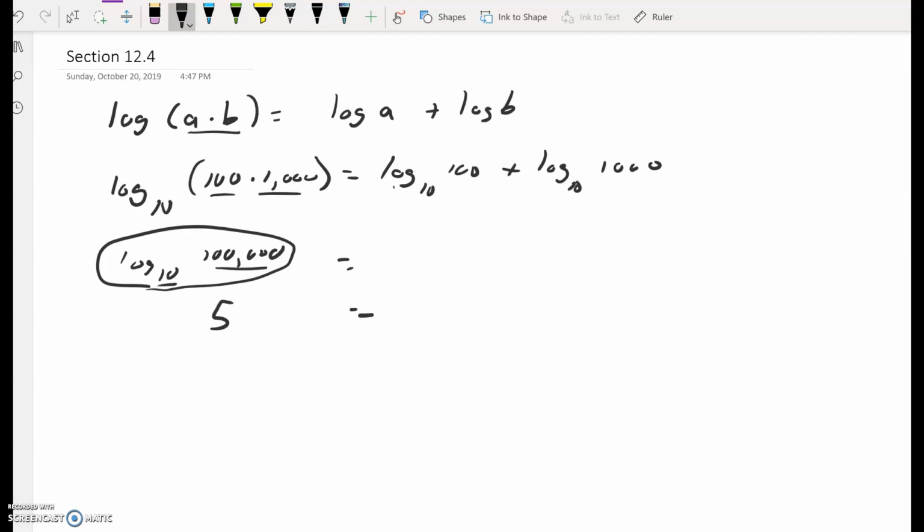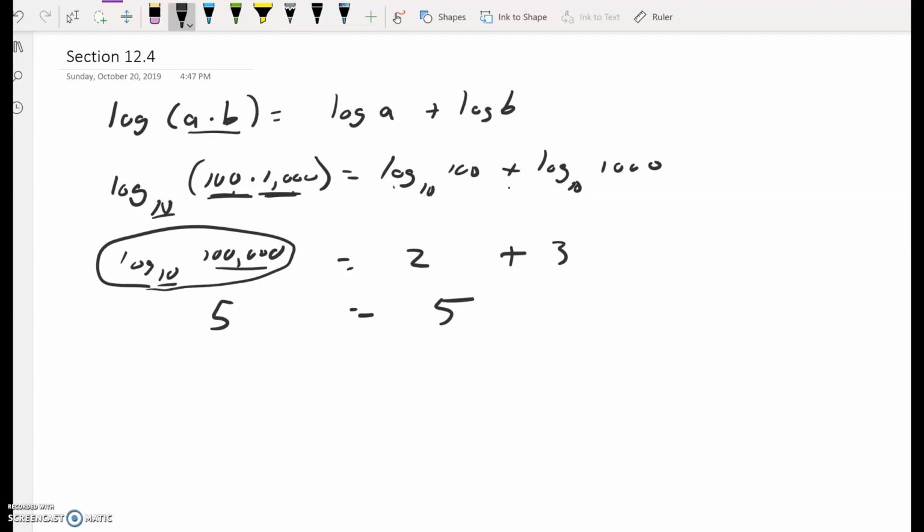But the logarithm base 10 of 100, that's 2, because 10 to the second power is 100. And the logarithm base 10 of 1,000 is 3, because 10 to the third power is 1,000, and 2 plus 3 is 5. And so you can see for these specific numbers, 100 and 1,000 and a base 10, it is true that the logarithm of the product of these two numbers is the same as the sum of the individual logarithms.